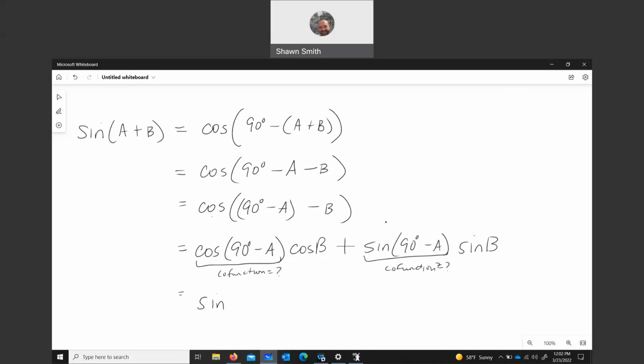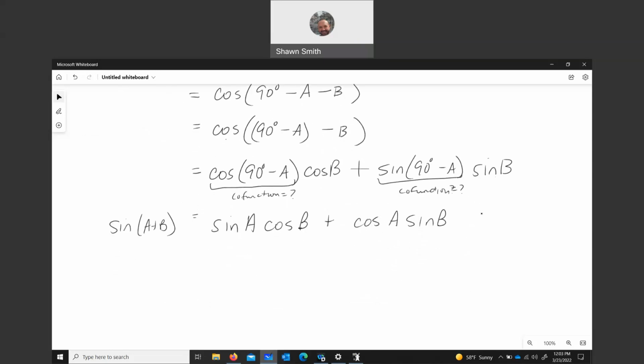So this is just A, sine of A, times the cosine of B. This is going to be the cosine of A. And this is the sine of B. So there is your sine of A plus B formula. I derived it from the cosine formula that we just did.